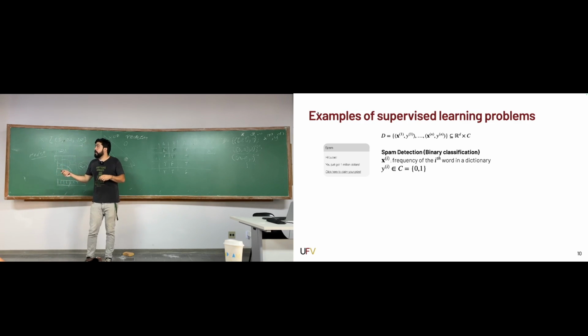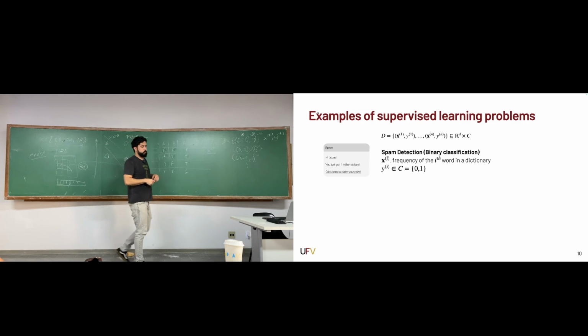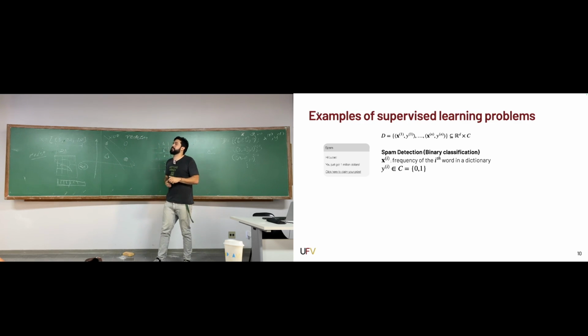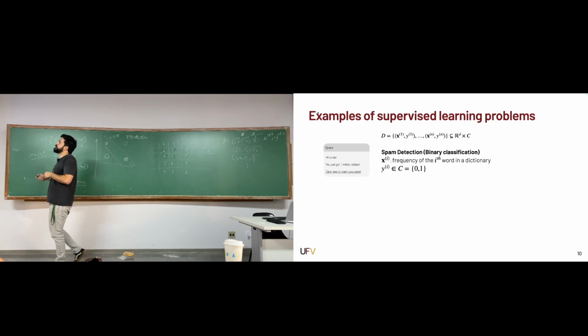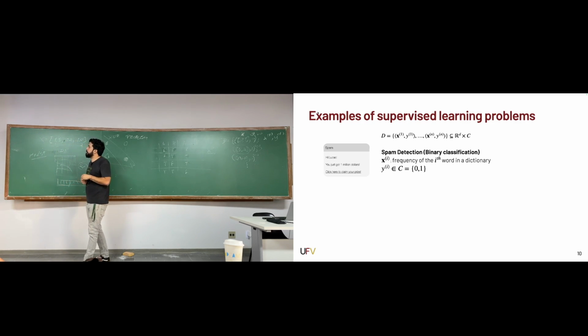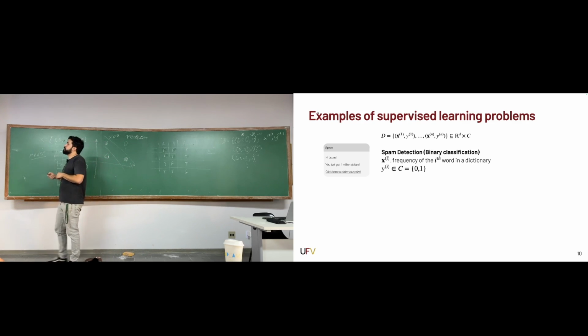So when you have an input that doesn't look like a vector, at least at first glance, you have to figure out a way to represent that input as a vector. And one way to do that, which is maybe a naive or simple way, is to just count the frequency of words in the email.